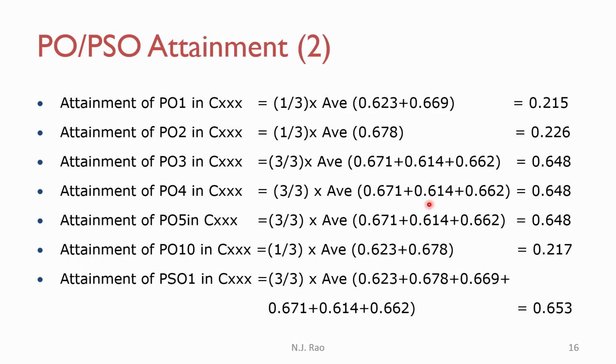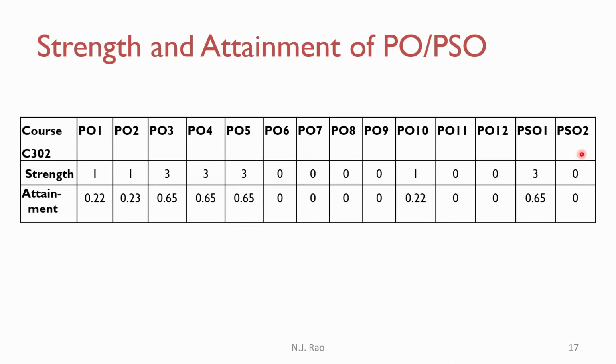Whereas in the others the mapping strength is much lower, that is the reason why the attainment will also come down. Now, we put it together like this. Each course is characterized by mapping strength as well as actual attainment of the POs and PSOs. You can show up to a maximum of 2 decimal places, that is more than enough really.